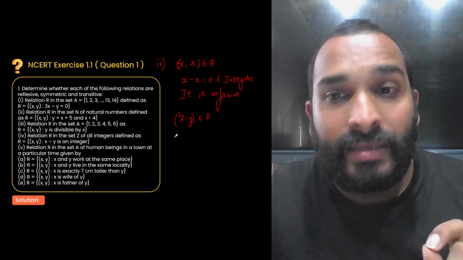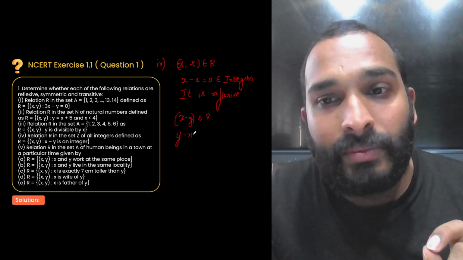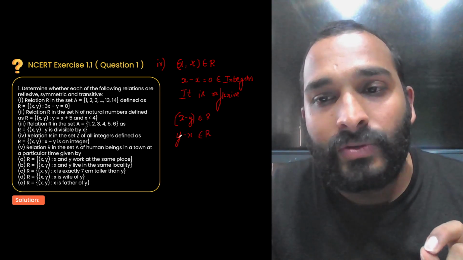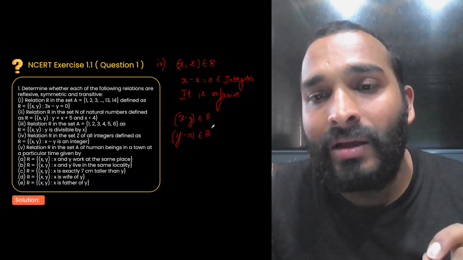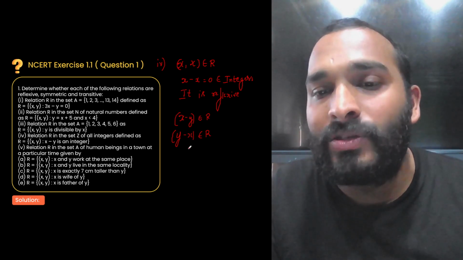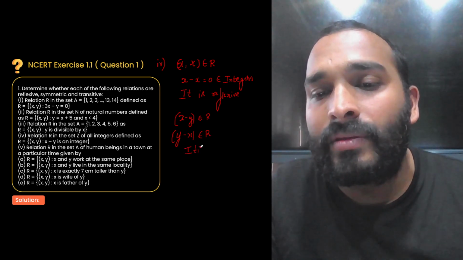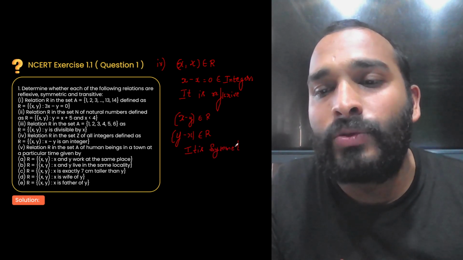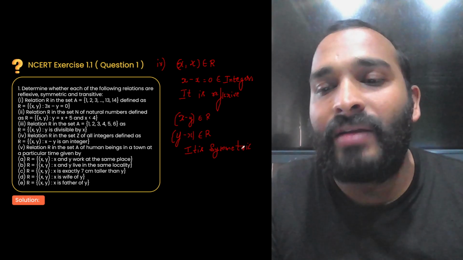Yes, y minus x also will be an integer, correct? So in that case, x comma y belongs to R, y comma x also belongs to R, correct? In that case, it obeys the relation. So I'll write it is symmetric. Yes, students, it is symmetric, right?